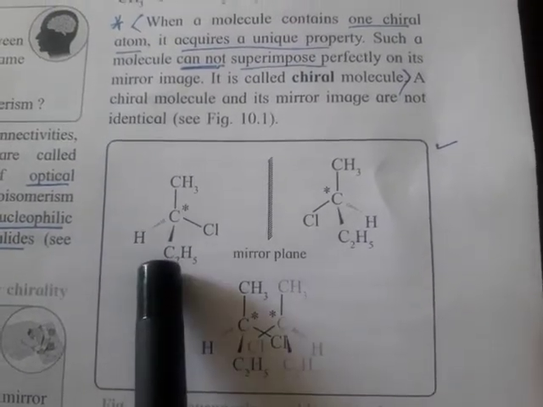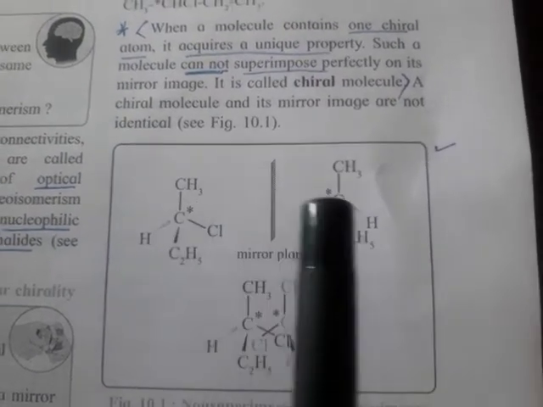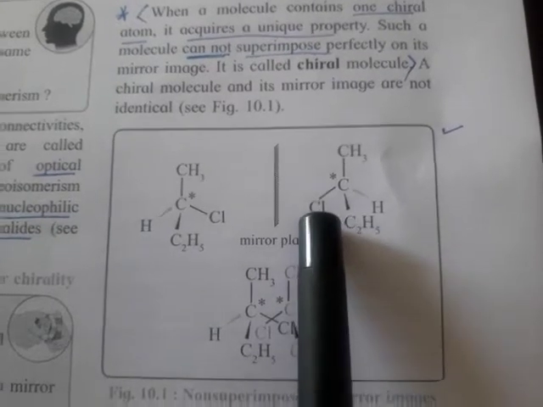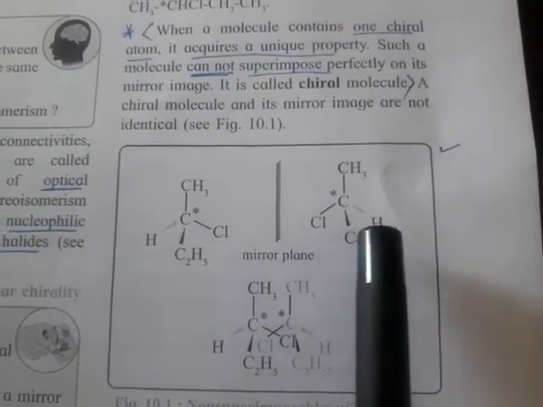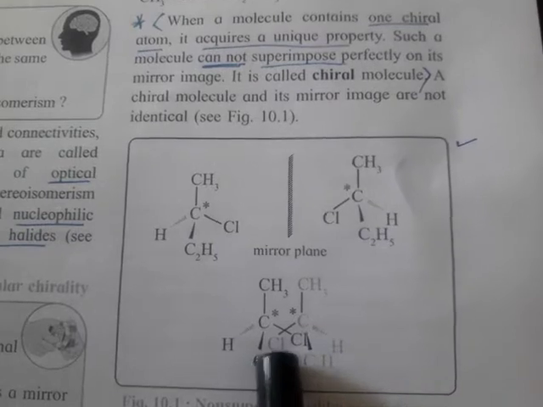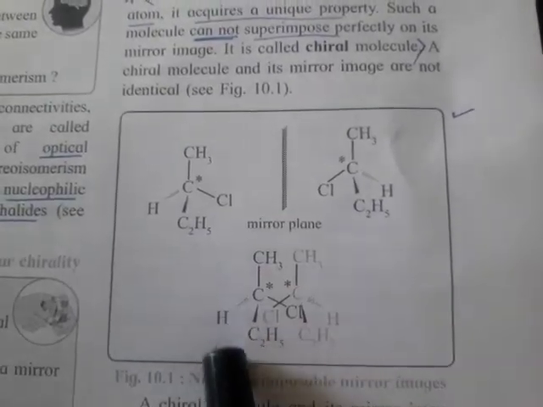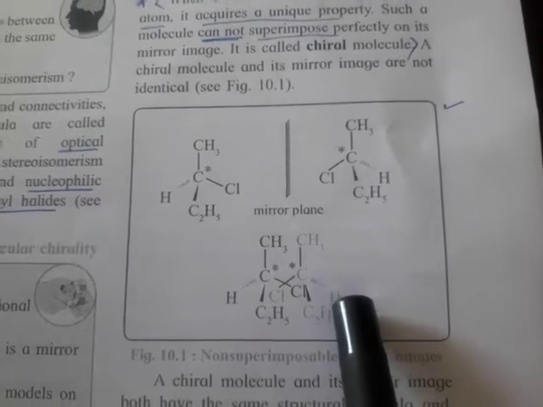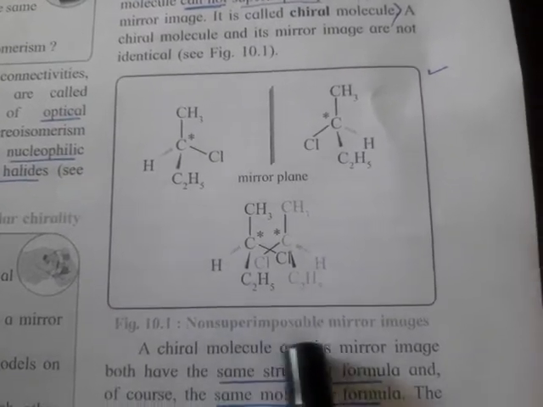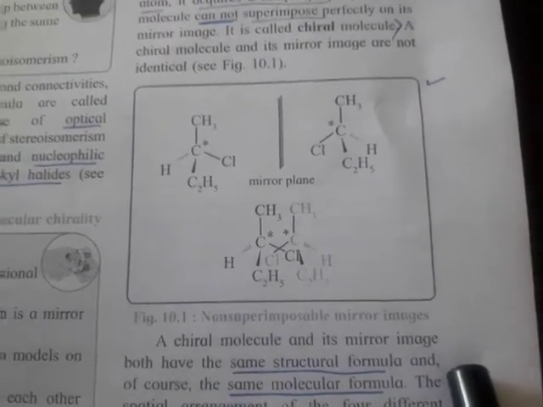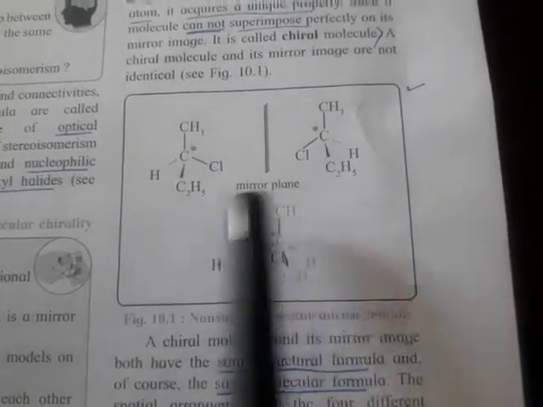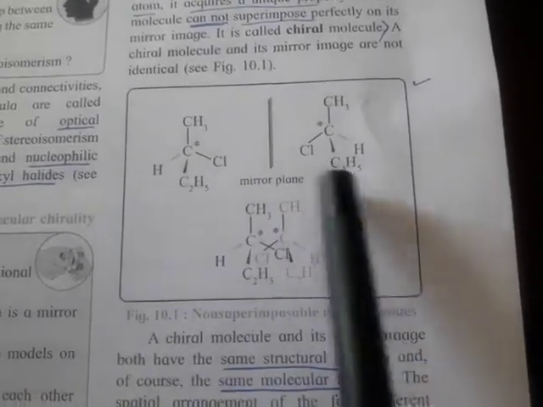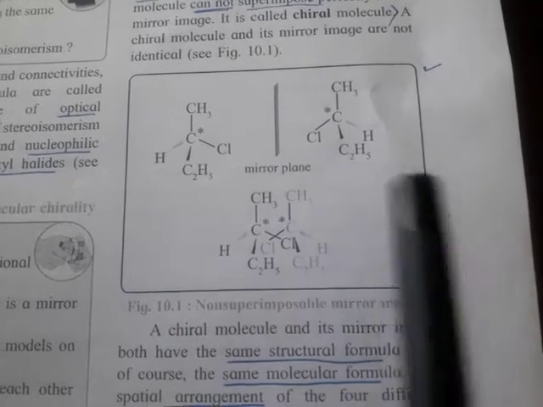If we keep this image on this image as it is, then above Cl there will be H, and above H there will be Cl. See, the structure will be somewhat like this, which is non-superimposable. They do not match with each other. So non-superimposable mirror images are nothing but optical isomers. So these two are optical isomers of each other.